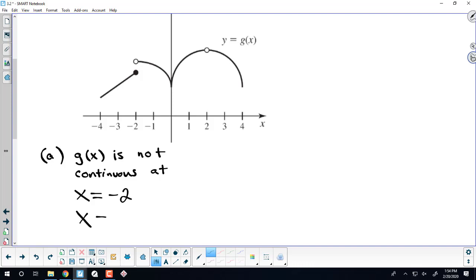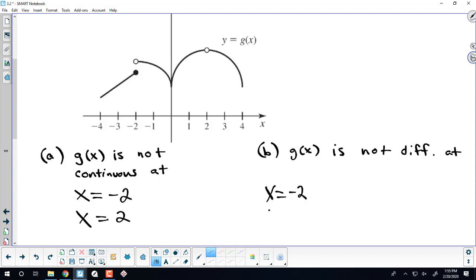Do you all agree with that? Okay. Part B: g of x is not differentiable at what x values? -2 and +2, yeah? Zero. Zero, because of the vertical tangent. Yeah.